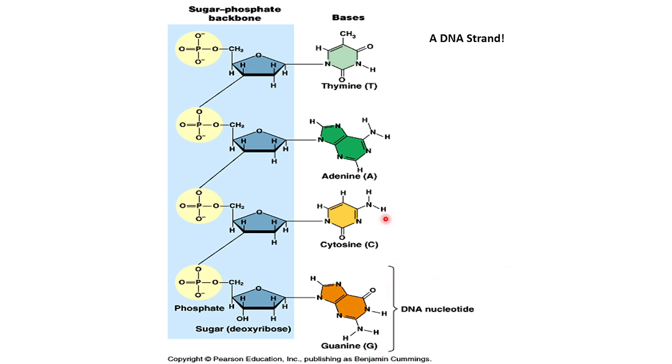So this is the DNA nucleotide. A nucleotide is the one that comprises phosphate, sugar, and nitrogenous bases, right? Okay, so the hydrogen over here and the OH over here is basically removed.